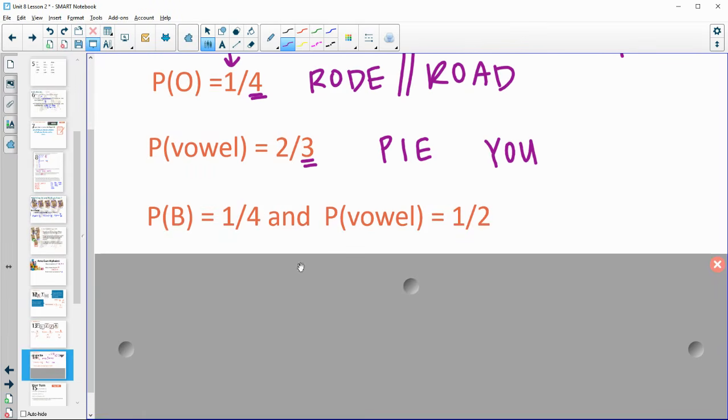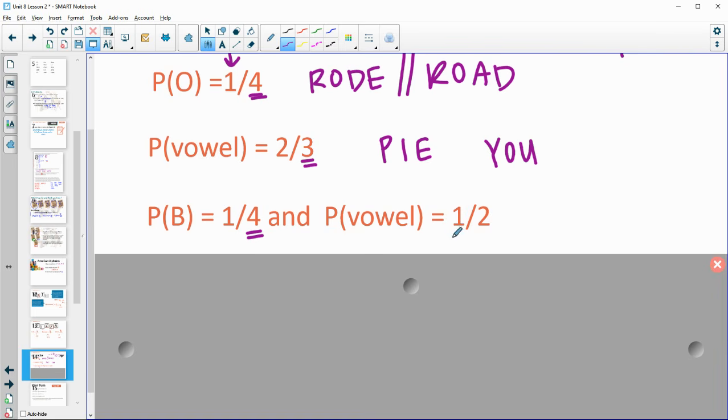In this next one, it says the probability of a B is 1 out of 4 and a vowel is 1 out of 2. So notice how the denominators of these are different. So this one is telling me, okay, there's going to be at least 4 letters, and B is going to be one of those 4 letters. And then it's 50% or half are vowels.